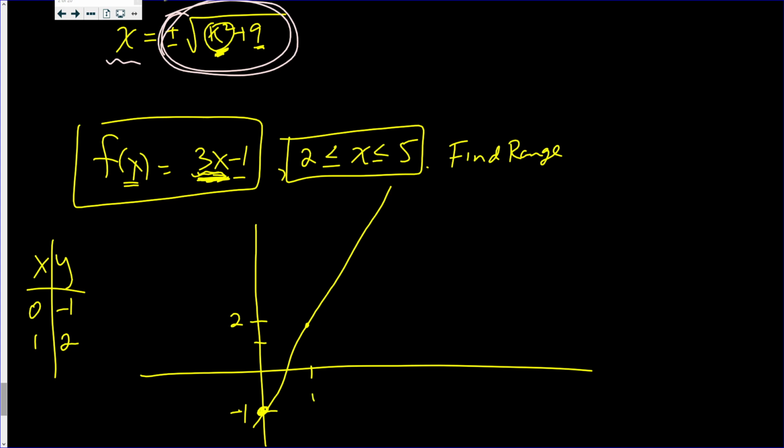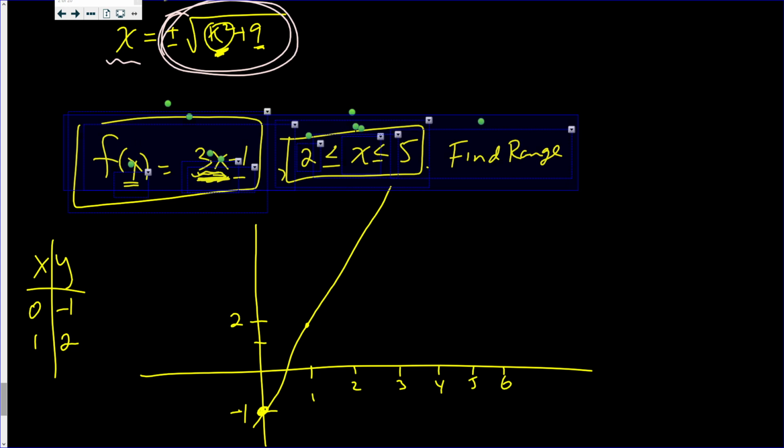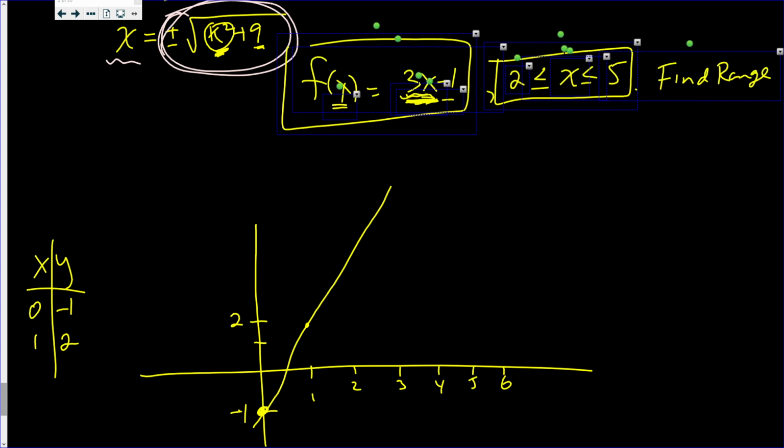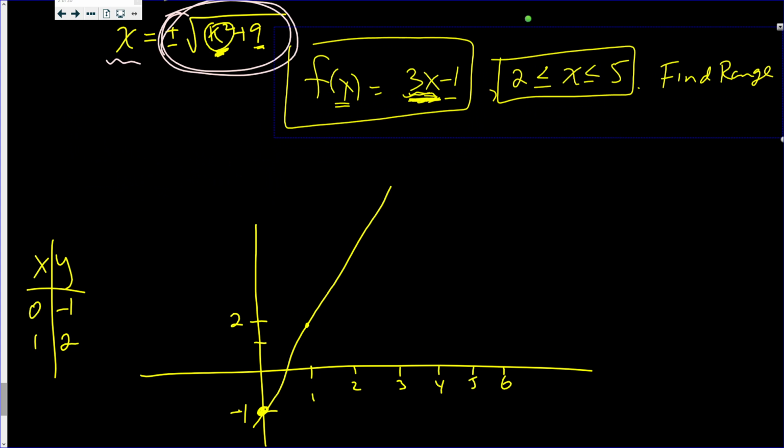Okay. This is 1, this is 2, this is 3, this is 4, this is 5, this is 6, and this gets moved up. Let me put it over here.